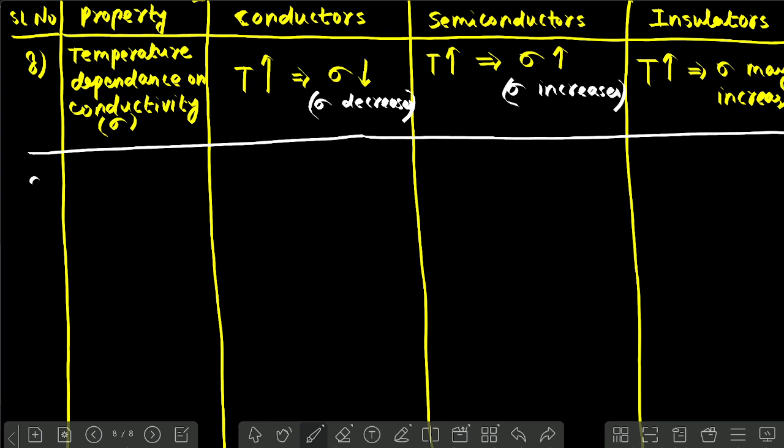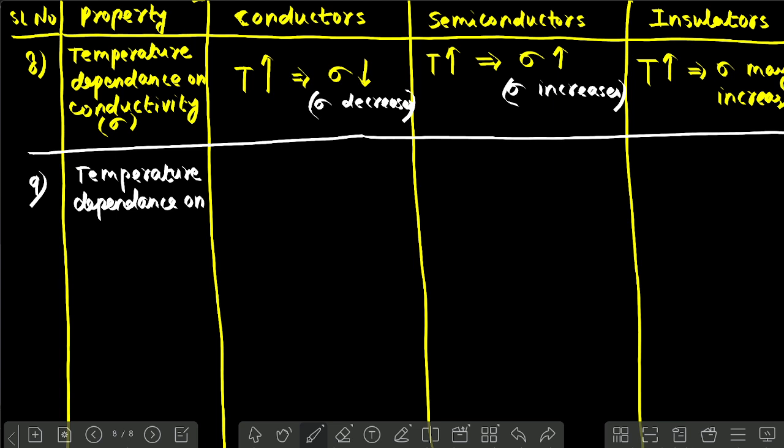Now the ninth point. The ninth point is temperature dependence on resistance or resistivity. The same will come here.